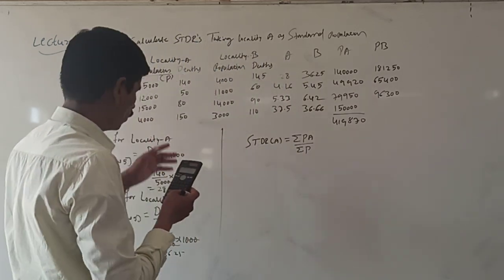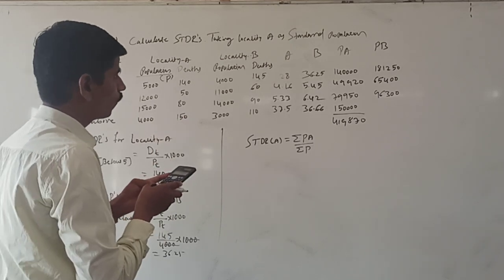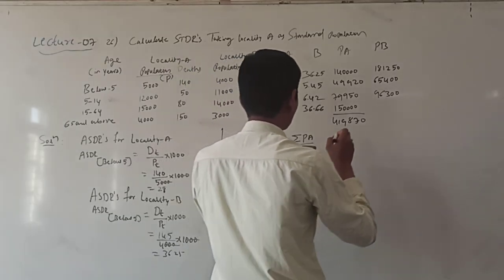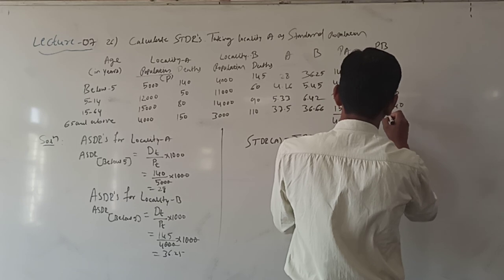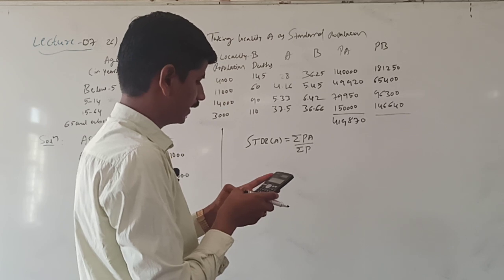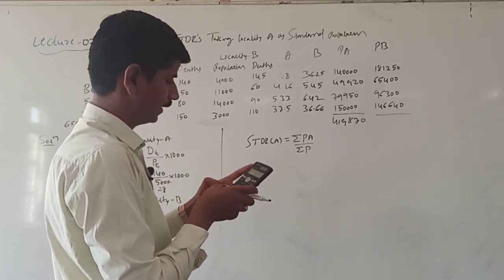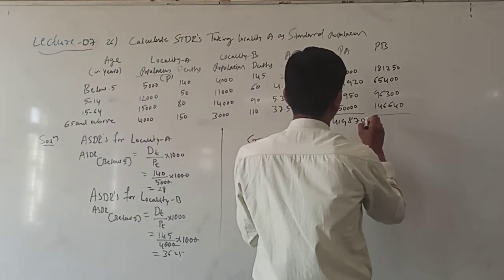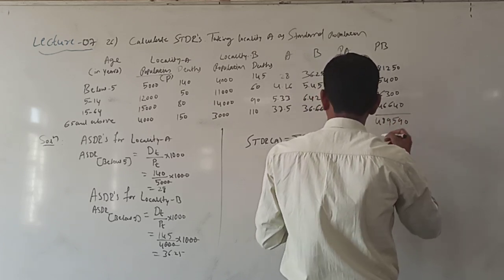Next 4,000 into 36.66, then we'll get 1,46,640. You have to add all these values: 1,46,640 plus 96,300 plus 65,400 plus 1,81,250. Then we'll get 4,89,590.